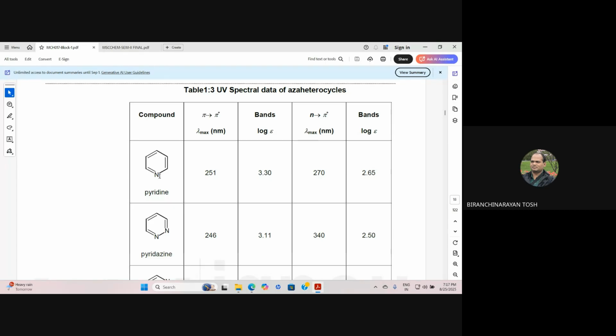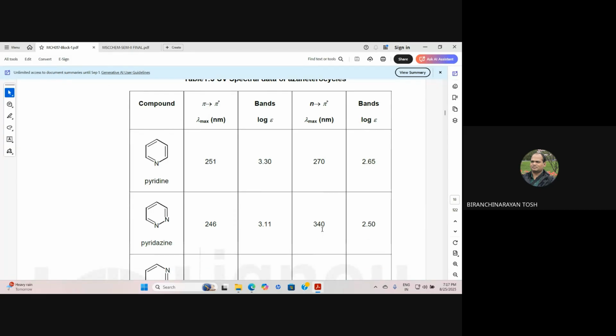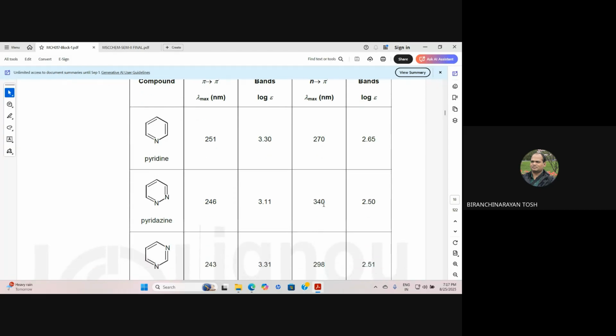Here only one lone pair, there two lone pairs from two nitrogen atoms, so it increases from 270 to 340. 340 means it is just coming into the visible region. The visible region is 360 to 720 nanometer, so around 340 means just towards the visible.